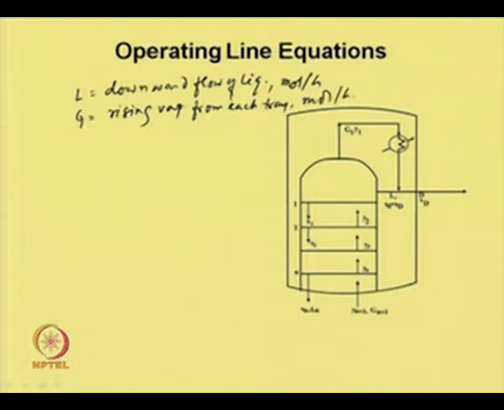mole per hour. Then if we do the total material balance, since we have assumed equimolar overflow, we can omit all the subscripts for the liquid and vapor flow rates.